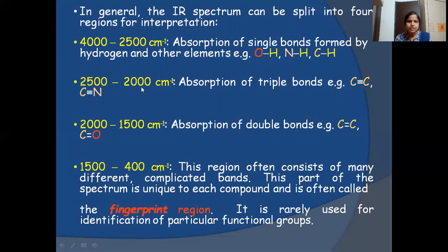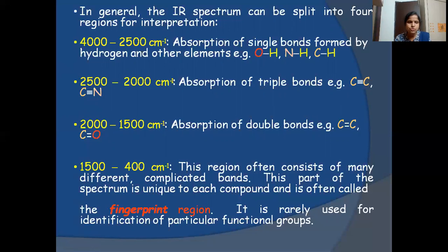Then 2500 to 2000 means C triple bond C, C triple bond N. Then 2000 to 1500 is C double bond C or C double bond O. Then 1500 to 400 is nothing but the fingerprint region.